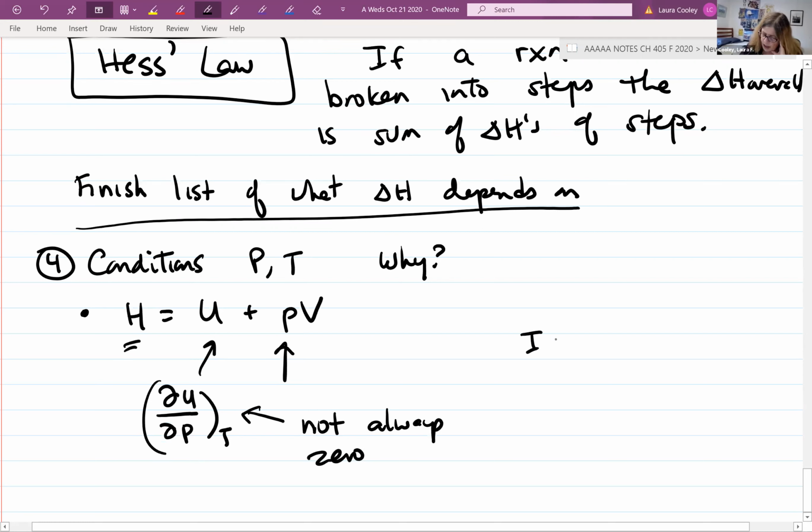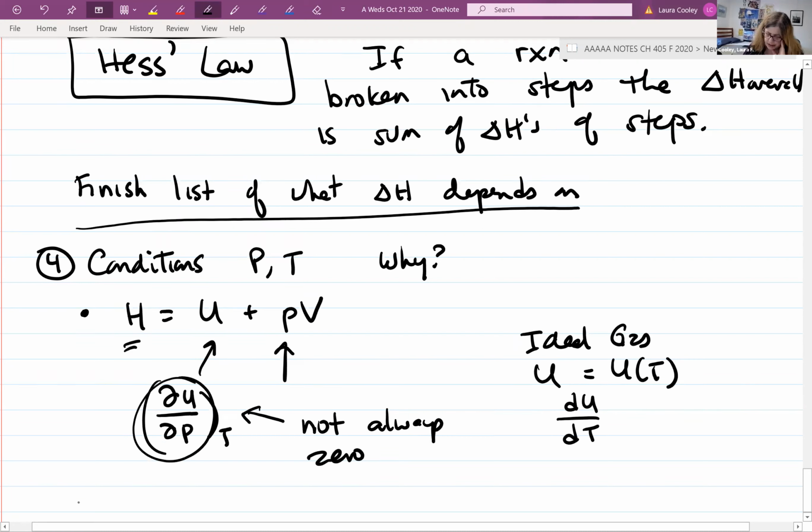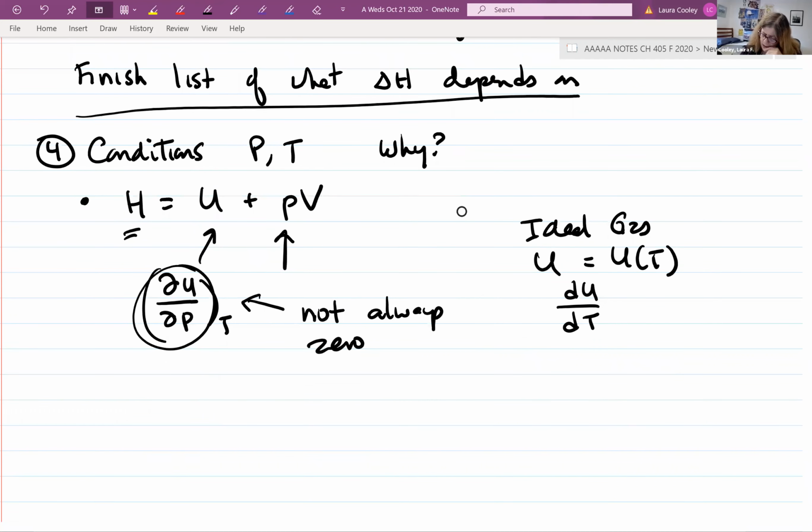Remember we said for an ideal gas that U is a function only of temperature. That means that there is really only one derivative, there's only dU/dT. And that dU/dP would equal 0. Maybe I didn't say that, but I'm saying it now.